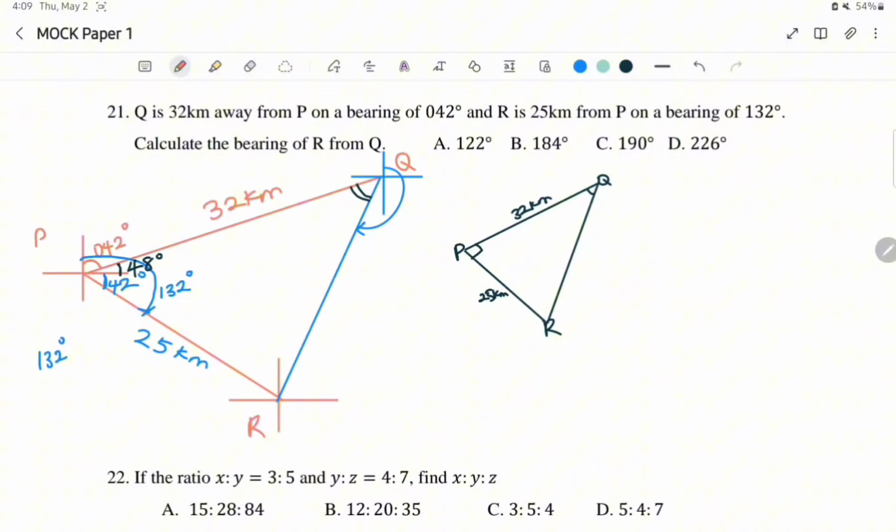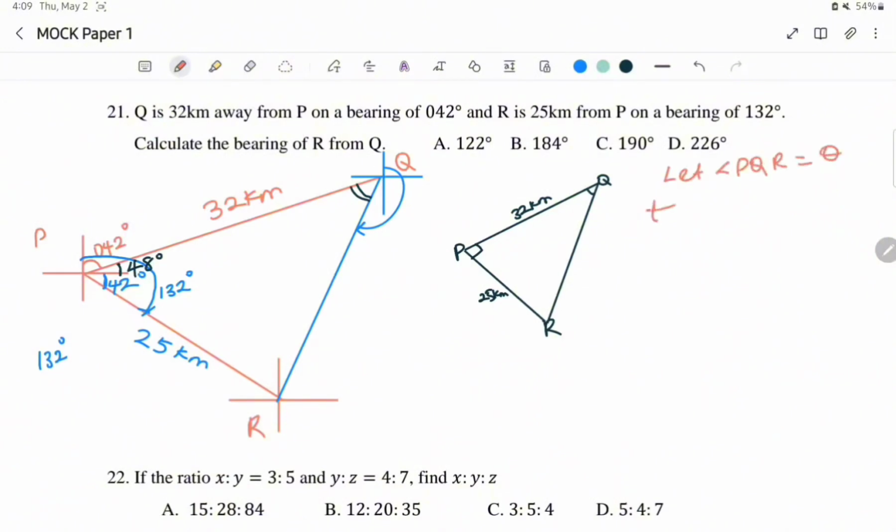Now, since what we are looking for is angle Q and not the side QR, we can use the trig ratio tan, because the adjacent side to Q is PQ, and that's 32 kilometers, and the opposite side is PR. So let's represent PQR with theta.